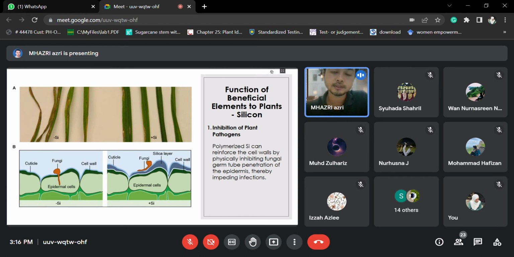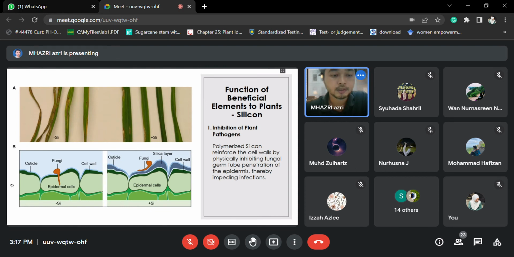Okay, so the silicon will form a layer of shield. Okay, so it will give extra mechanical protection to plant cells.